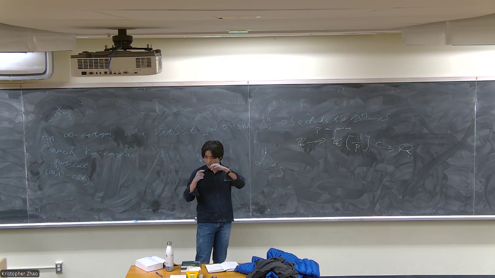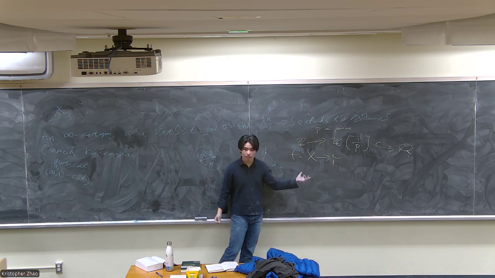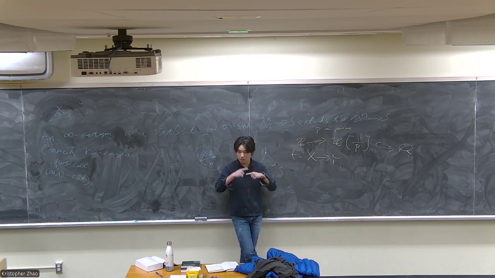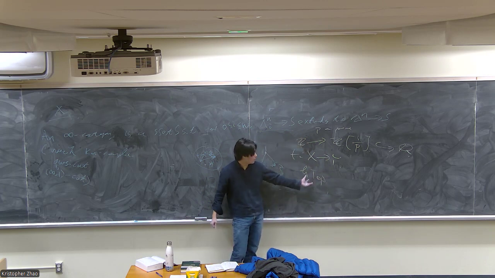Any map from X to Y that induces isomorphisms of homotopy groups at any level, the fundamental group and all higher homotopy groups, is what it means to be a weak equivalence in the topological category. If we invert these, we get the homotopy category of the topological category, which is expected. We can do this without infinity categories.